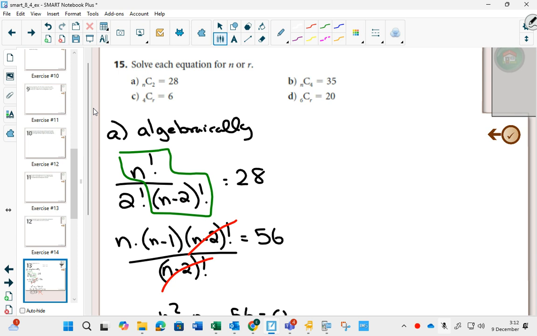Okay? But then ones like B, we're going to use a mix of algebra and not algebra at the same time. I'm going to tell you what full algebra would mean, and you'll be like, yeah, I don't want to do that. And then I'll show you ways to do it otherwise. So n choose 4 would be n factorial over 4 factorial, and what would be left?